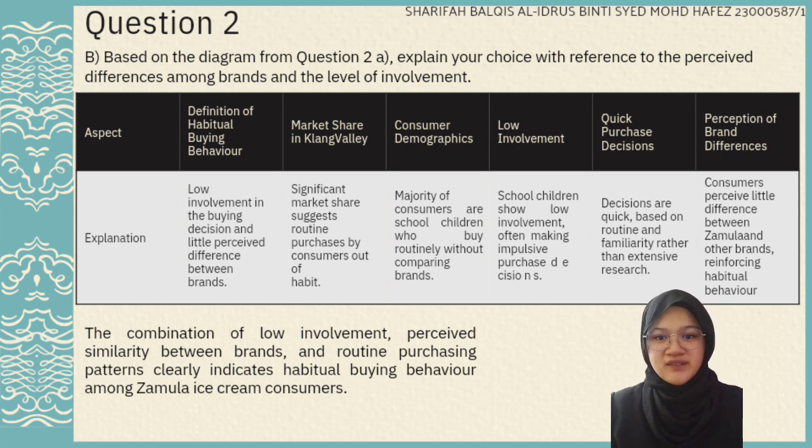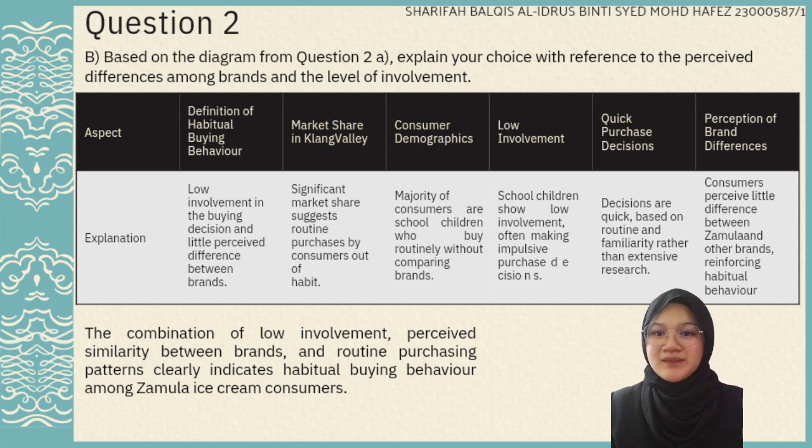Now, the low level of involvement in the purchasing decision is evident among school children, a primary consumer group for Zamula ice cream. They are known for impulsive buying behaviors, driven by immediate gratification rather than detailed comparison or evaluation. These consumers are more likely to choose an ice cream based on taste and price rather than conducting extensive research or considering alternatives.